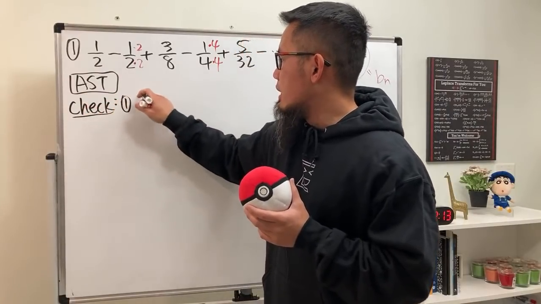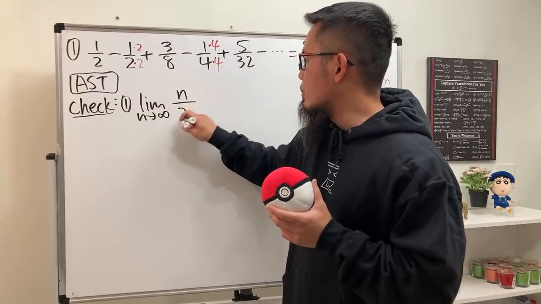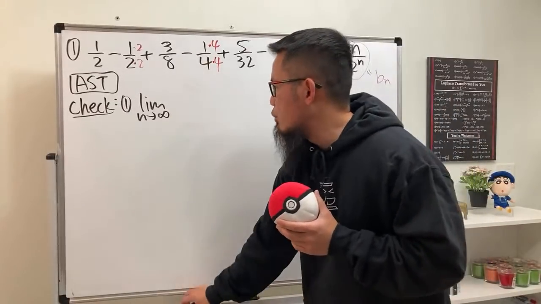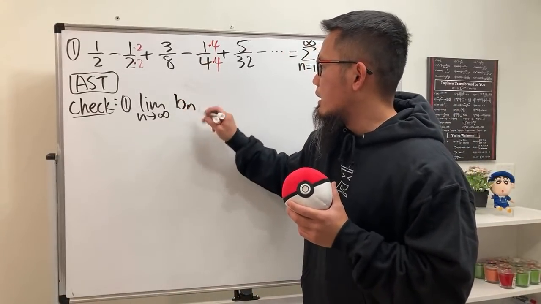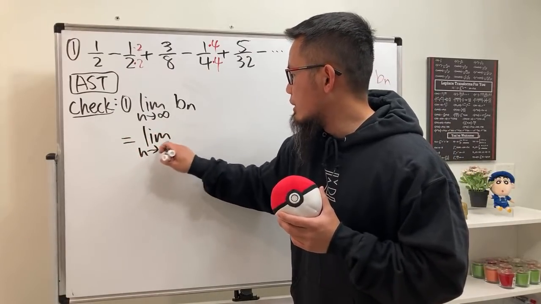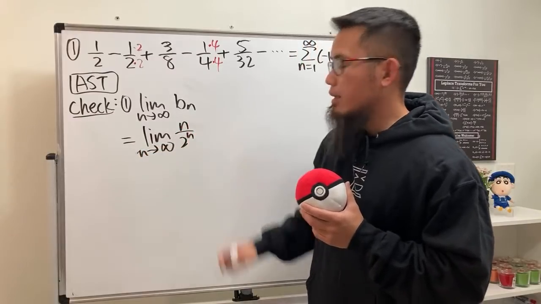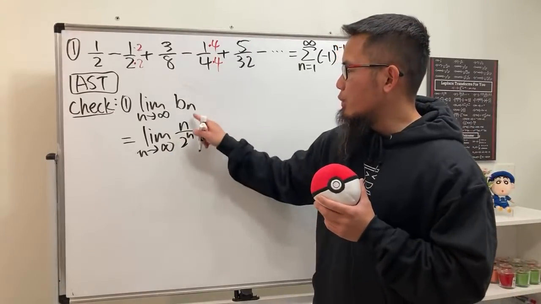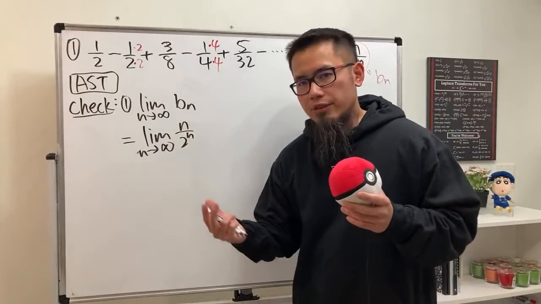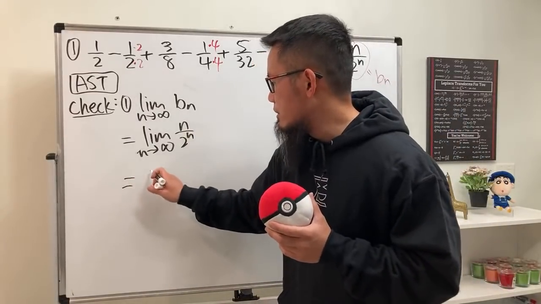The first thing, take the limit as n goes to infinity of n over 2 to the n, which is the bn portion. As n goes to infinity, we have infinity over 2 to the infinity. This is technically infinity over infinity, but we can use the list. So this right here is actually just equal to 0.